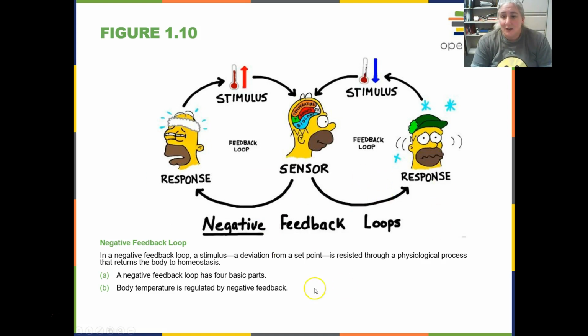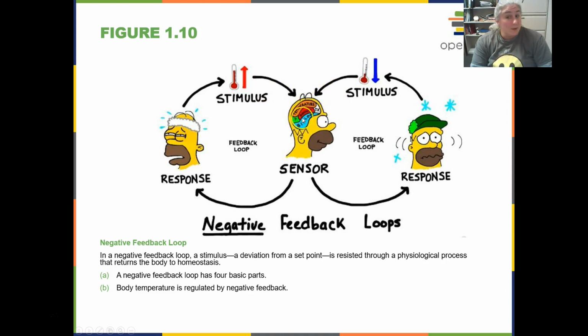This is just a cuter image of what you just saw over there. In this case, increased body temperature or decreased body temperature is going to be picked up by our stimuli. Stimuli send by our receptors. The receptors send the information to our control center.